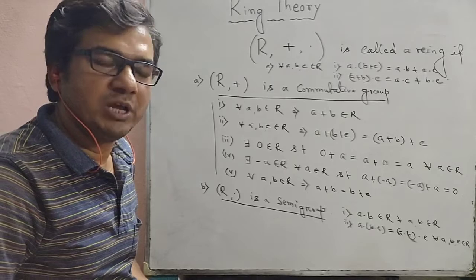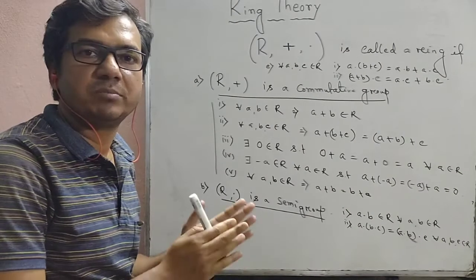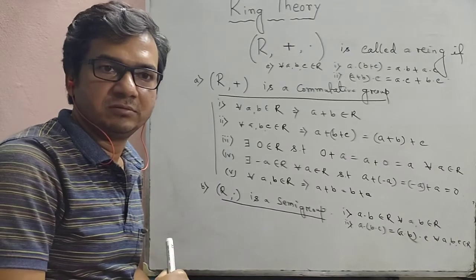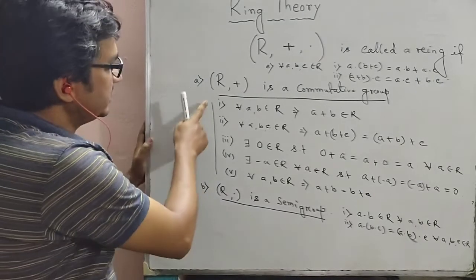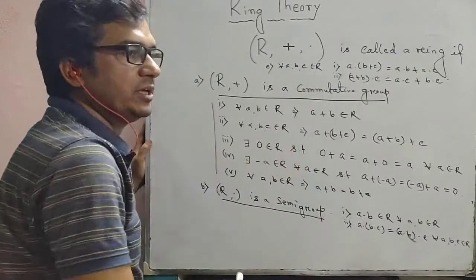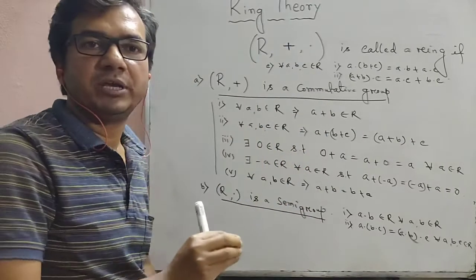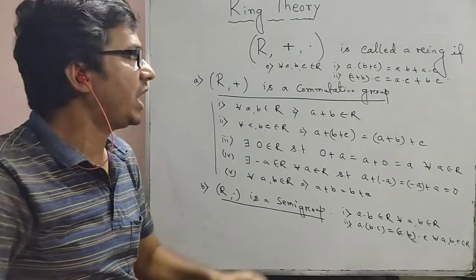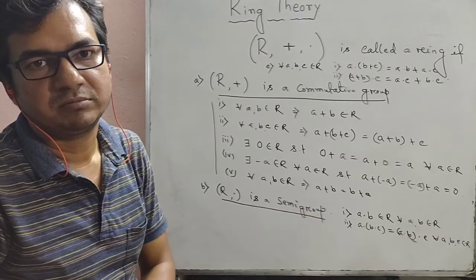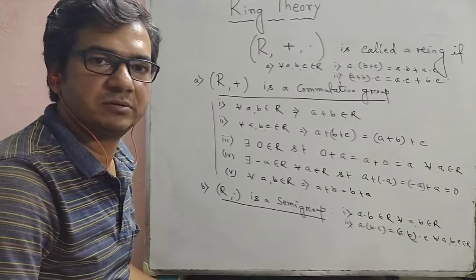So a non-empty set R together with two binary compositions plus and dot forms a ring if these 5 properties, these 2 properties and these 2 properties, that is 5 to 7, 7 to 9, these 9 properties are fulfilled, then R plus comma dot is a ring. Okay, this is the definition of a ring.